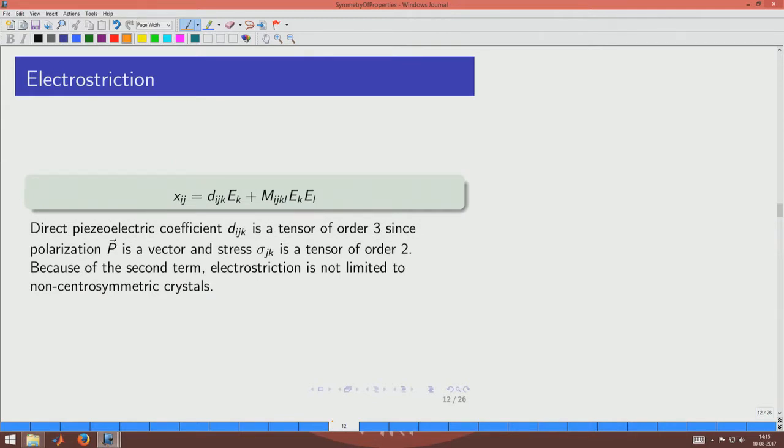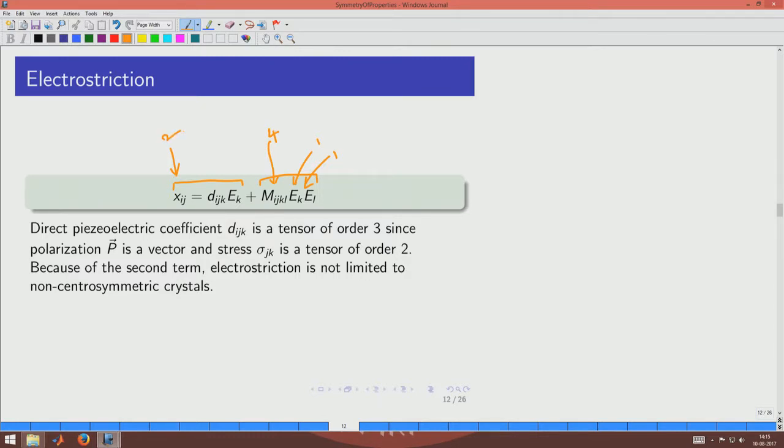So, electrostriction is the reverse effect, and here what would happen is that if you look at only the first half of the equation, it is the reverse effect of the piezoelectricity, but you have also another term which is basically the square term of the electric field. You see that here the property M is of order 4, because you have got the E coming twice, and the strain that is resultant because of the applied voltage difference is of order 2.